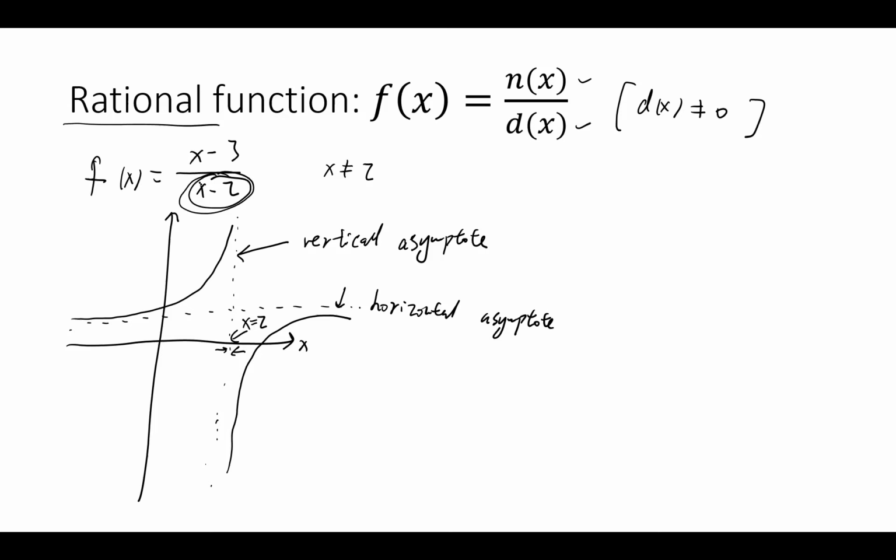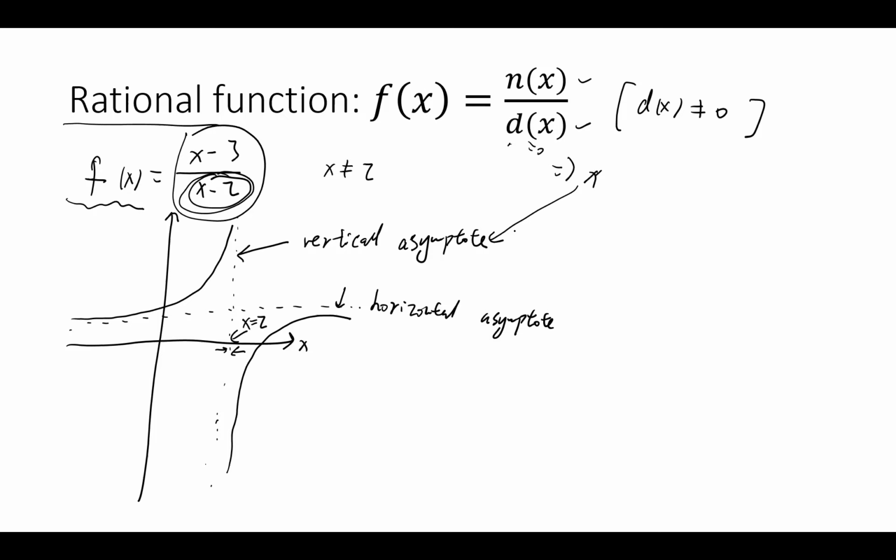We need to simplify the form of f(x) to this exact form, the simplified version, before we set d(x) equal to 0 and derive the value of x for the vertical asymptote.